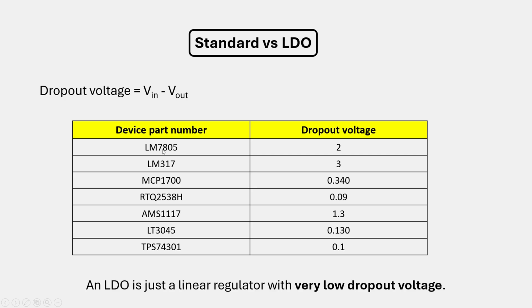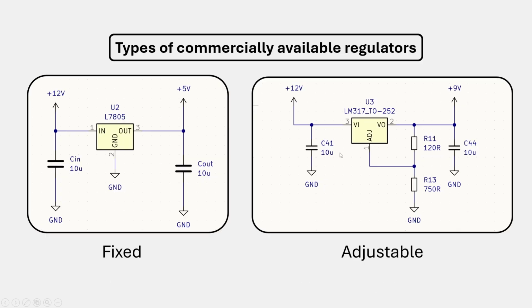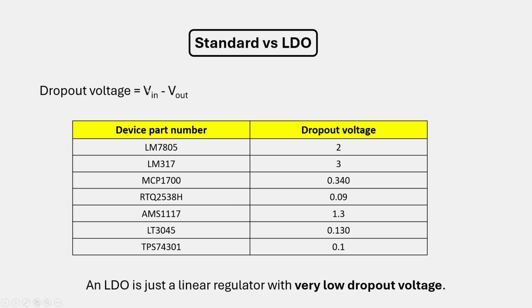For example, the 7805 requires 2 volts of dropout, but as you can see here, I'm running it from 12 to 5 volts, which is basically a 7 volt difference. And the LM317, depending on the manufacturer, requires 3 volts. But if you run it above 3 volts, it's going to be fine. Under 3 volts, it's not going to be fine, and it will never do the regulation that you want. So that's the importance of dropout voltage.